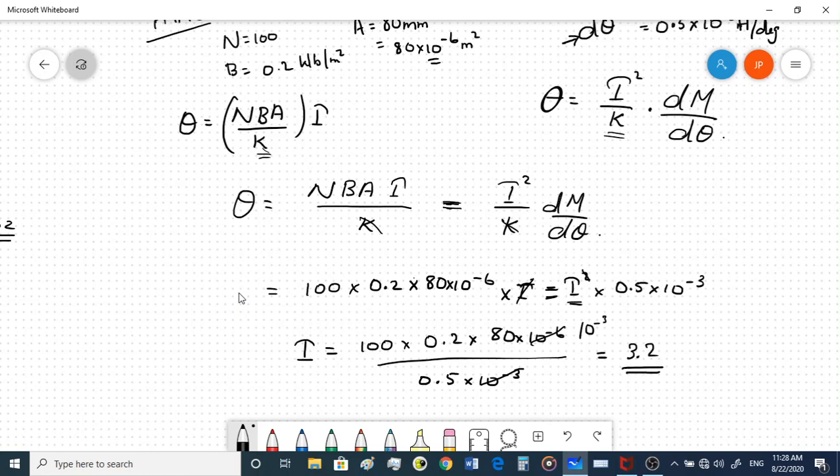So 3.2 amperes is the current for which both these meters will have the same deflection.